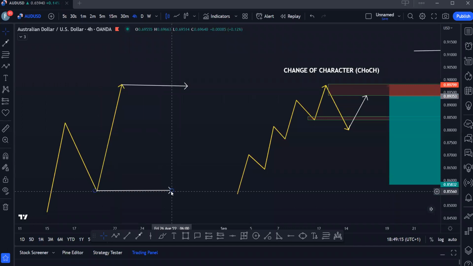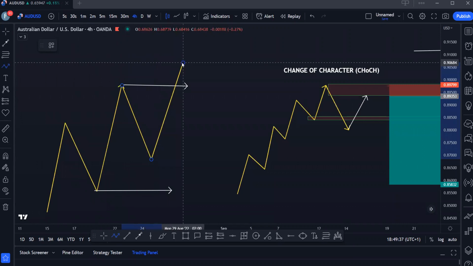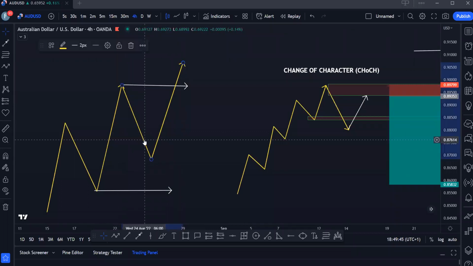Now, remember that taking a look at this major structure, what are we expecting to do? We're expecting to look for buy opportunities somewhere here, at the new higher low. And then once you look for buys, we are anticipating that price will create new highs, because that's the way market moves. But a lot of times price might not show you this way.